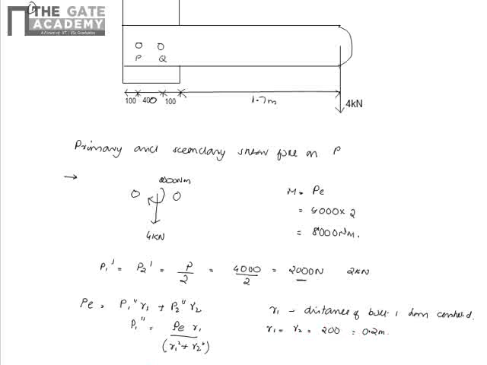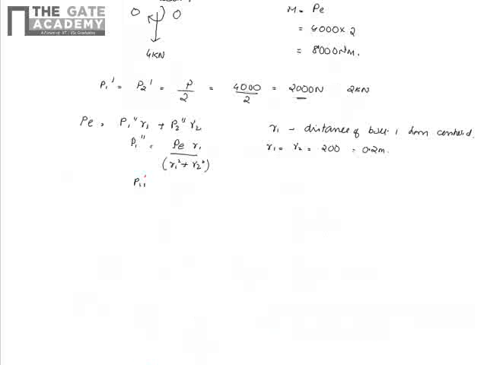So what is P1 double dash? It's equal to P into E. P is 4000 into E is 2 meters into R1 is 0.2 divided by R1 is 0.2 square and R2 is 0.2 square. So what will be this? It will be 1600 divided by 0.08.